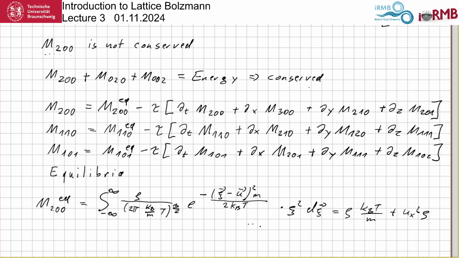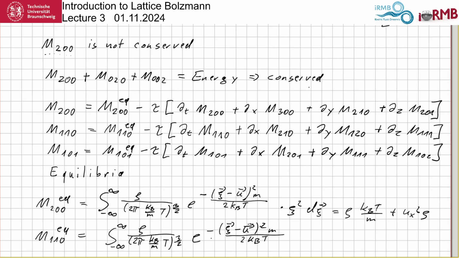The same thing has been done for this moment here. As always, a lot to write. Okay, Boltzmann constant divided by particle mass times temperature, all of this to the power of 3/2, times e to the power of vector velocity minus macroscopic velocity, all of this squared, particle mass divided by 2 times Boltzmann constant times temperature.